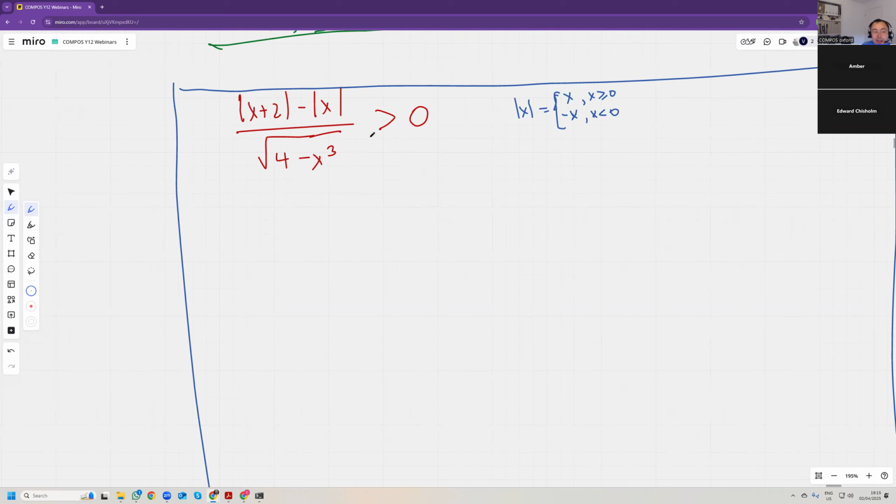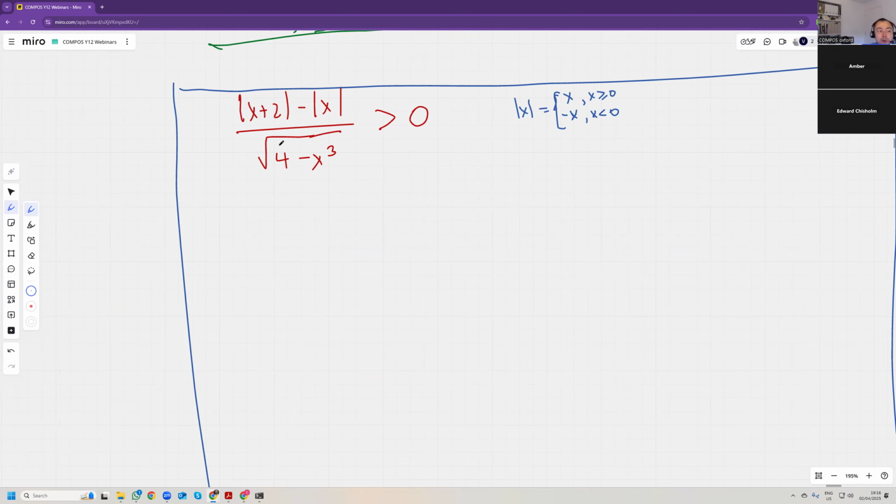So it's a fraction. The fraction is greater than 0, and that means either the numerator is positive, so either you're dividing a positive number by a positive, or you're dividing a negative by a negative.